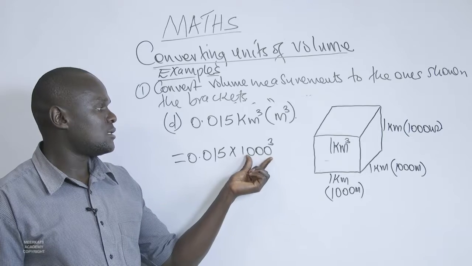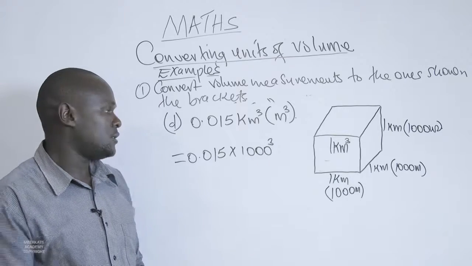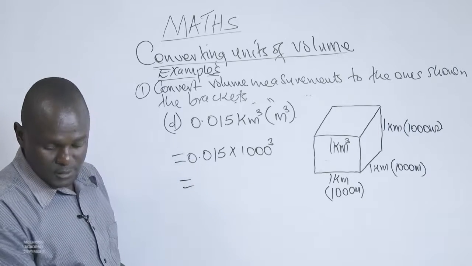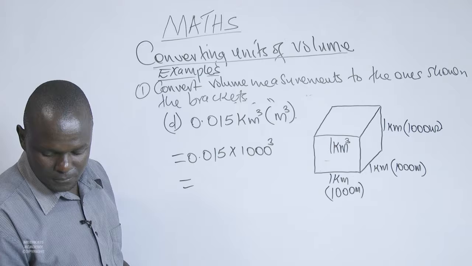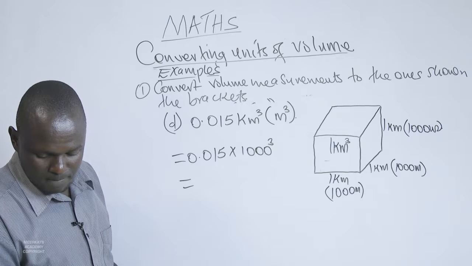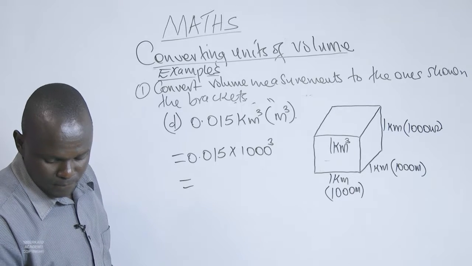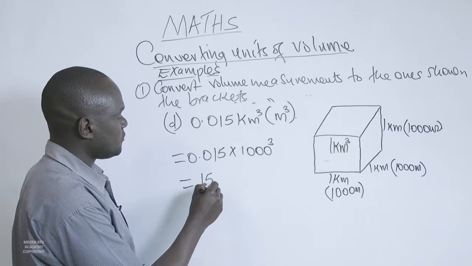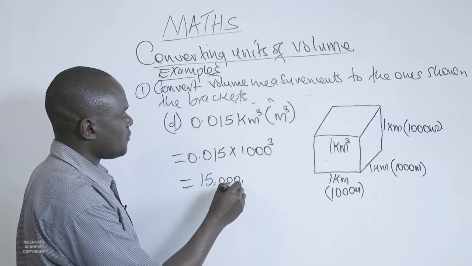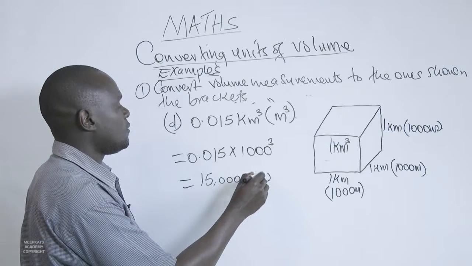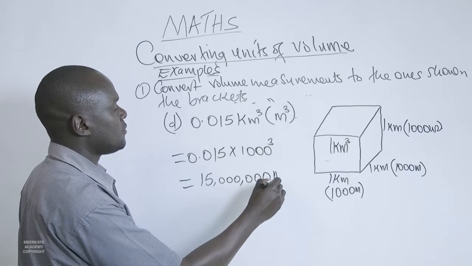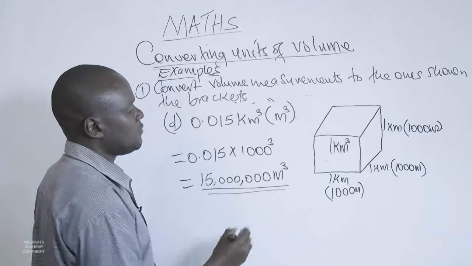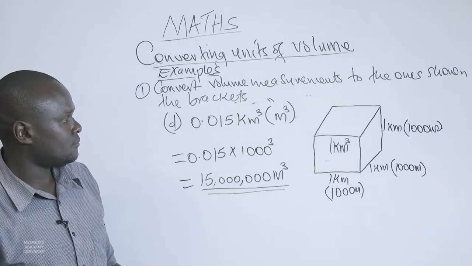So when you multiply this by 1 billion, it will give us 15 million cubic meters.